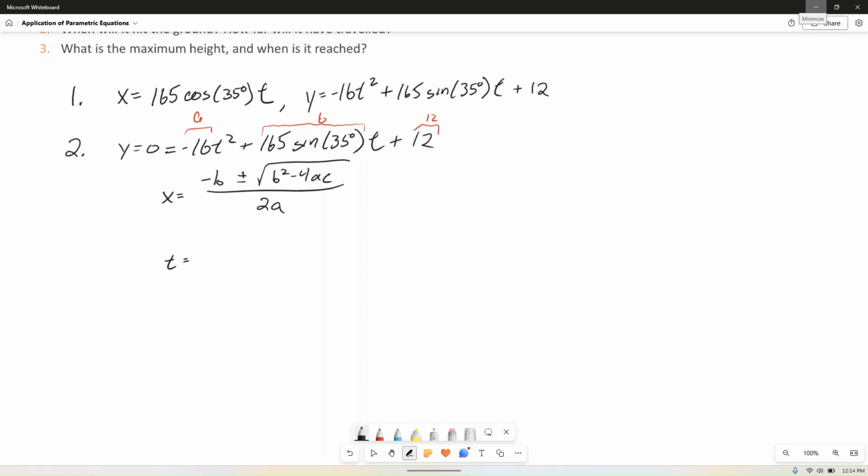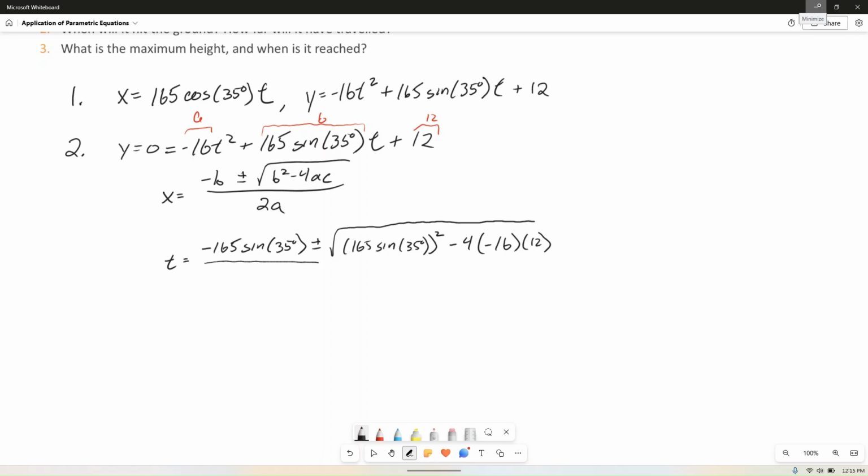Because my y equation is a function of t. So t is equal to the negative of b, so it's going to be a negative 165 sine of 35 degrees plus or minus the square root of 165 sine of 35 degrees, all of that is squared, minus 4 times a negative 16 times 12.